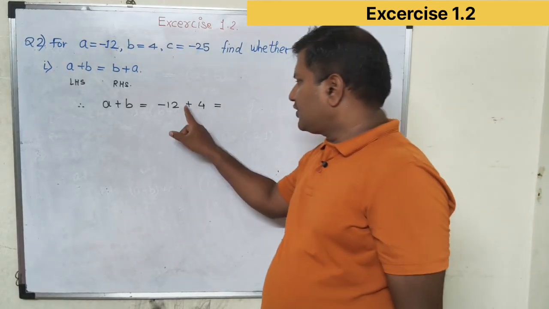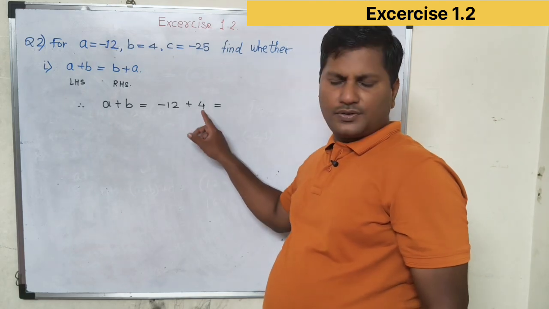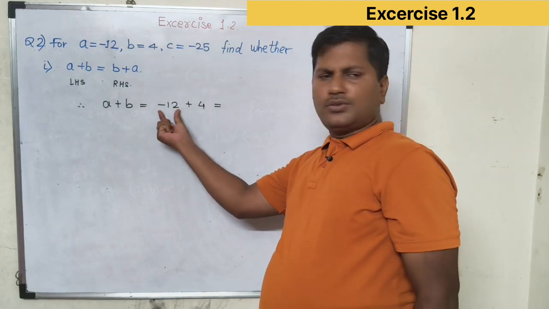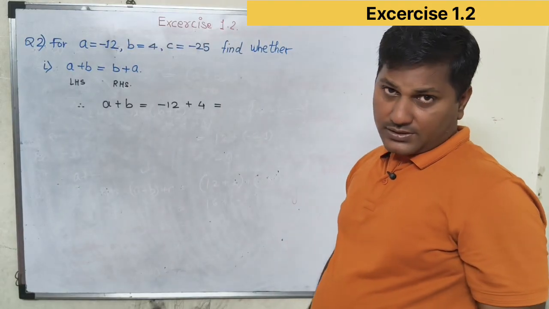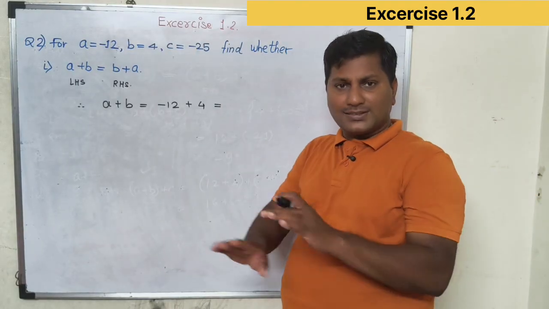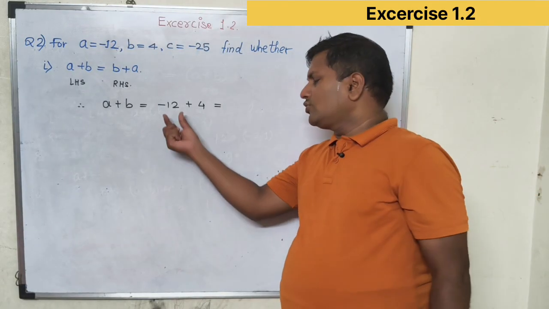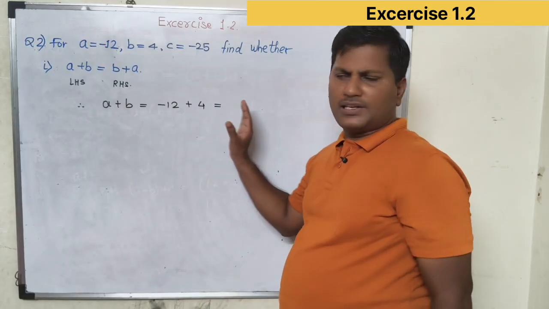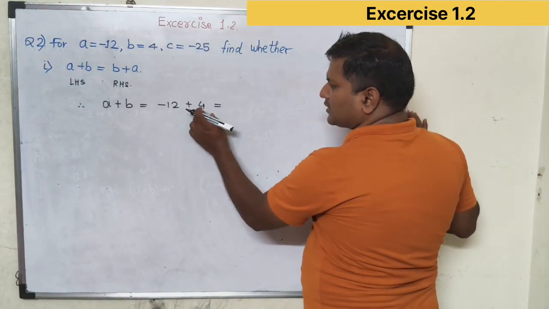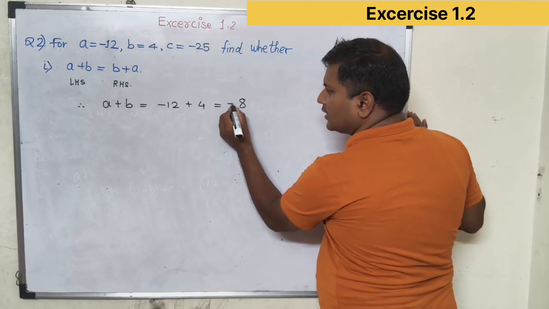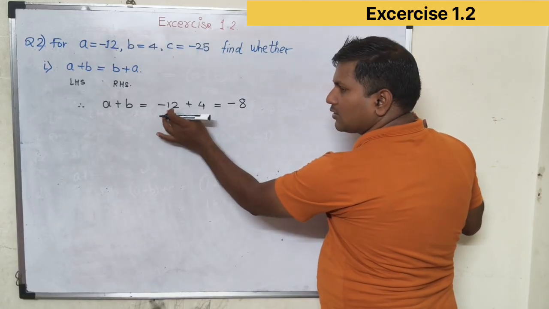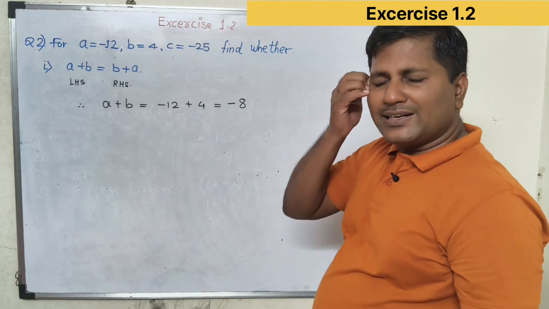This is the addition of two integers, one negative and one positive, so simply take the difference and give the sign of the larger one. So 12 minus 4 is 8, and the sign will be of 12 because 12 is greater than 4.